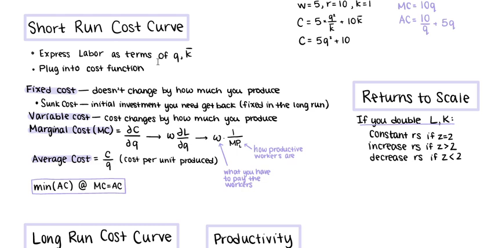It's a minimum because at that point every unit of labor is low cost, and if we get more labor, the cost will be higher than the marginal cost of this labor.